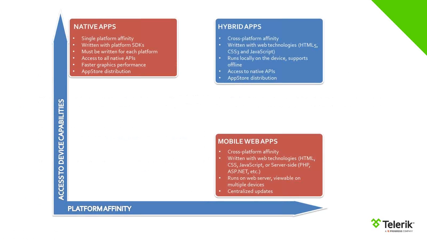Similarly with Windows Phone applications. But all these native apps have high access to device capability. Since it's native, it's closer to the metal, and it will be able to grab whatever access it needs through the native API itself.